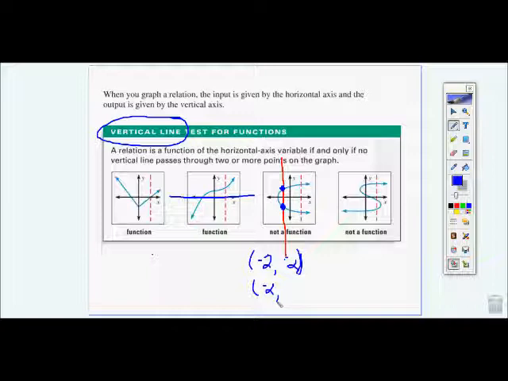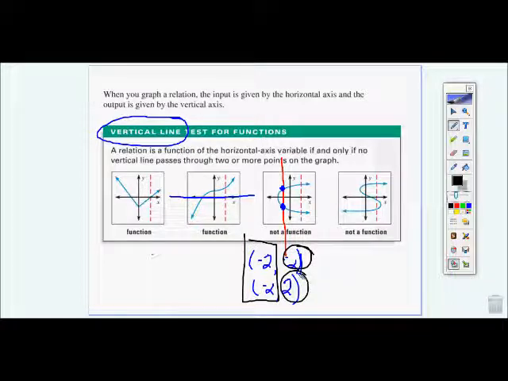But that -2 also has the y-axis as 2. So we have the same input here. Sorry, trying to change colors, having some difficulty. We have the same input, but with two separate outputs, a -2 and a 2. That makes it not a function, and you can see that clearly on our vertical line test.